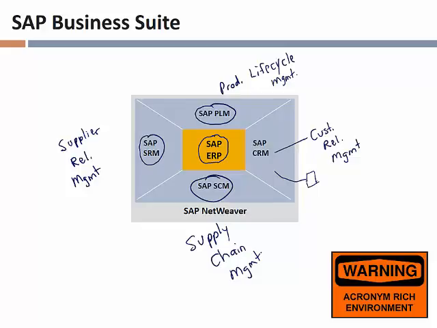So it presents itself as one unified application to the end user, and that's because of this guy down here that we will probably talk about, if not in more detail later today, then definitely we will talk about this on Tuesday. SAP NetWeaver is the unifying foundation that allows all SAP products to seamlessly interconnect with one another. It also allows other products from other vendors to connect to and communicate with these systems.